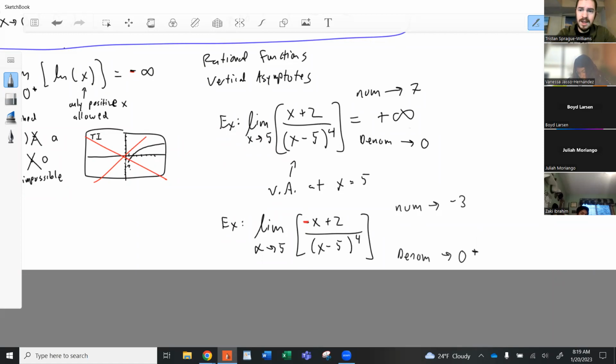You see how I've written denominator and then arrow 0. This means denominator is approaching 0. I can use my little plus superscript to mean from the right-hand side. So in the case of approaching 0, that little plus would indicate that we're talking about positive numbers getting closer to 0 only, right?